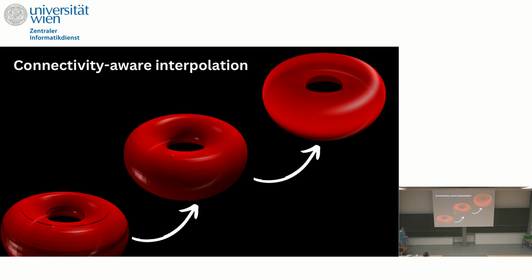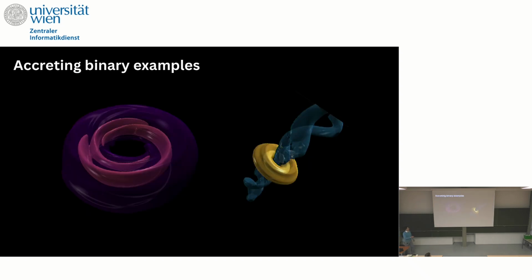If we make the code aware of this, we can connect the two regions so these cracks are removed. And in this way we can do interpolations. Here, for example, we have made an interpolation of the normal to the isosurface, and you can see that everything looks smooth. So I just wanted to show you now some examples of visualizations of the binary simulations.